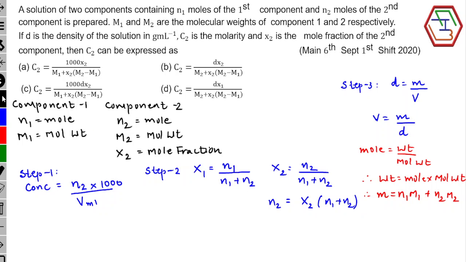Now can I write down? Volume will be N1 M1 plus N2 M2 divided by density. So these three steps we are going to apply. So concentration is nothing but N2 into 1000 upon volume.